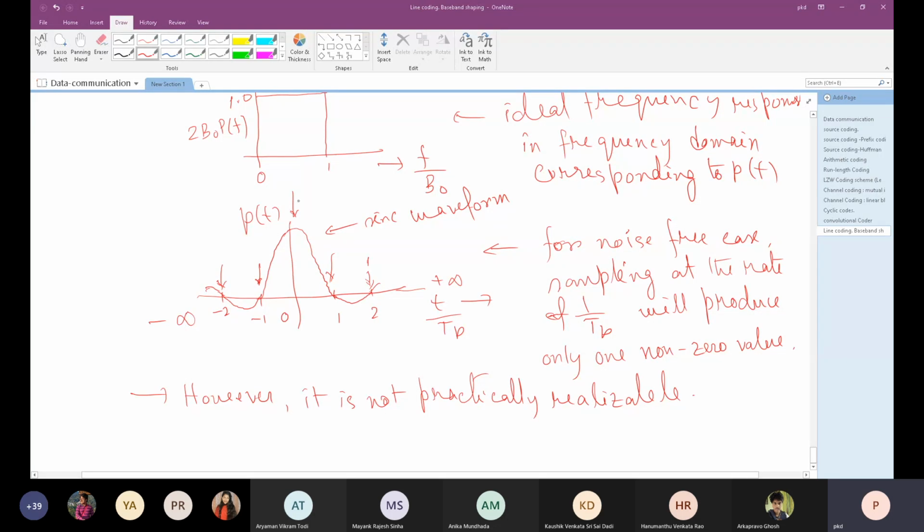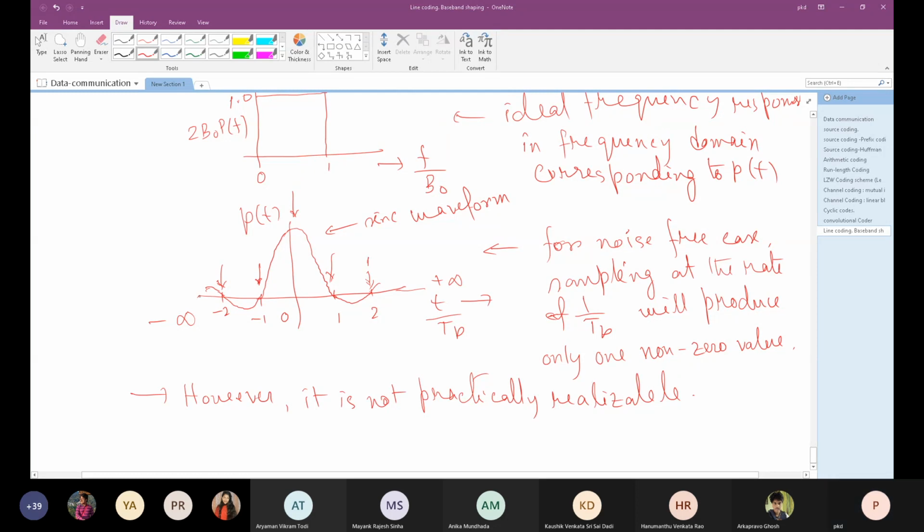Since we cannot design a filter, there are two aspects. Neither can we sample at a particular instant like an ideal delta sampler, nor can we realize a filter to pass the box function such that the filter response will be perfectly like a box.